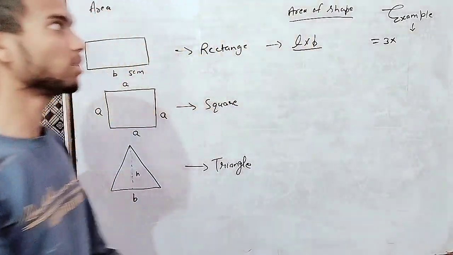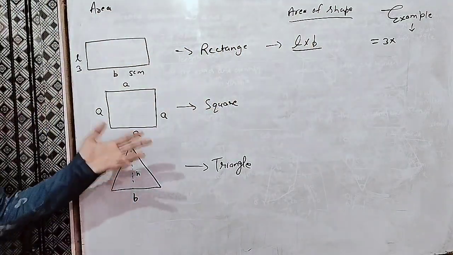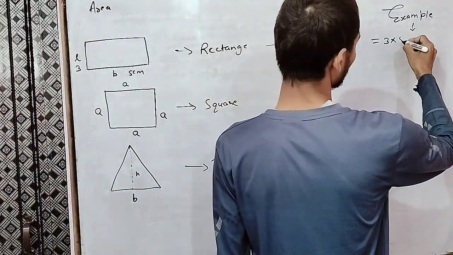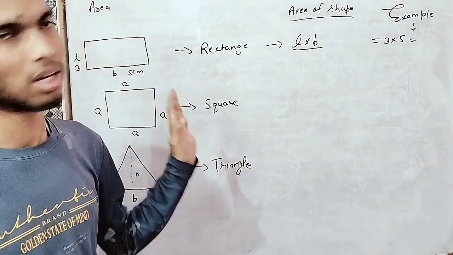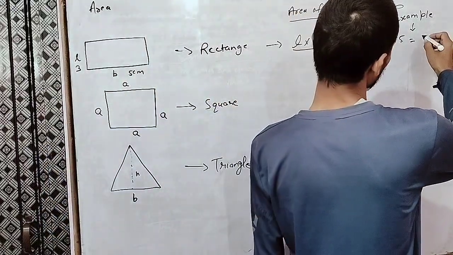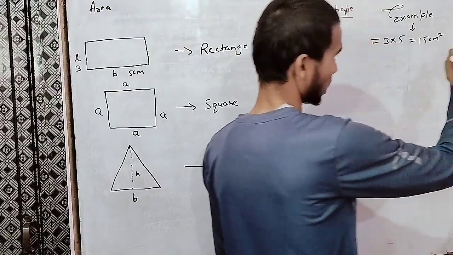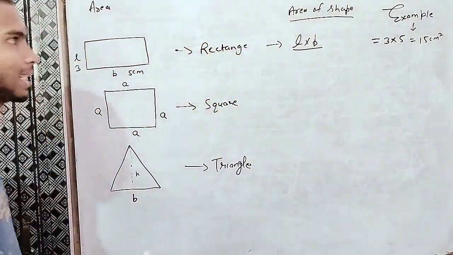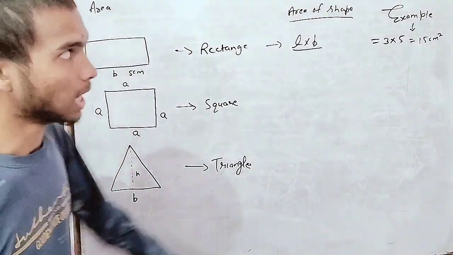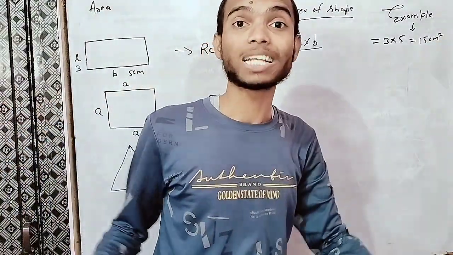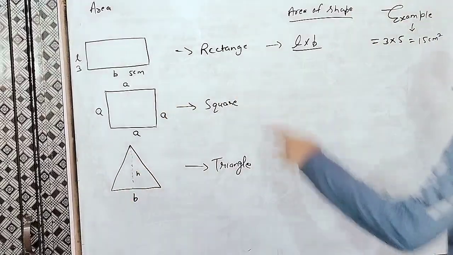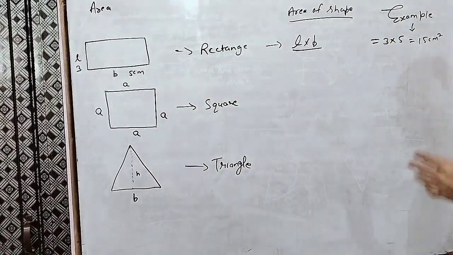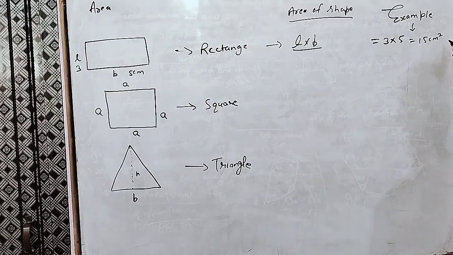And how much is the breadth? 5 centimeter. Now we get the area of this figure, which is 15 centimeter square. We apply a square in the answer. This was just an example.